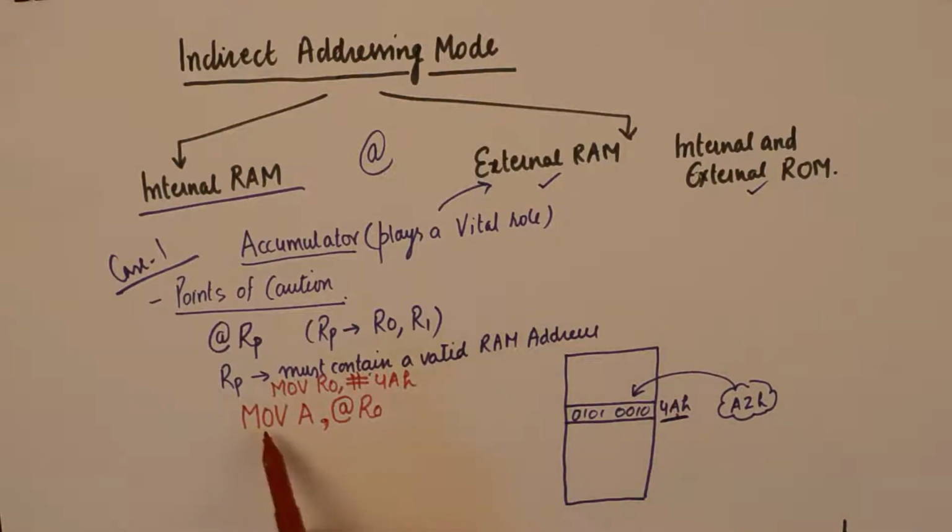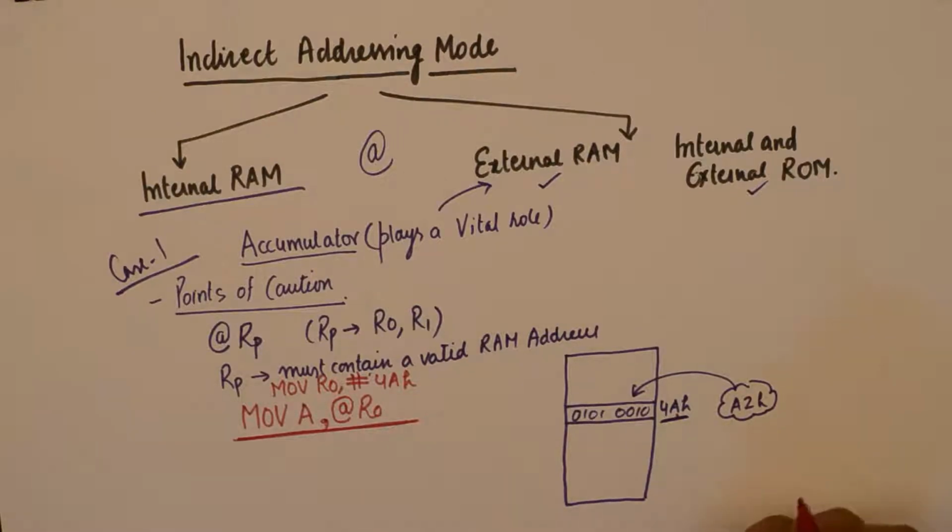So now this instruction will take the address from R0 and it will go to that address and it will fetch the data in that address and will move into A.